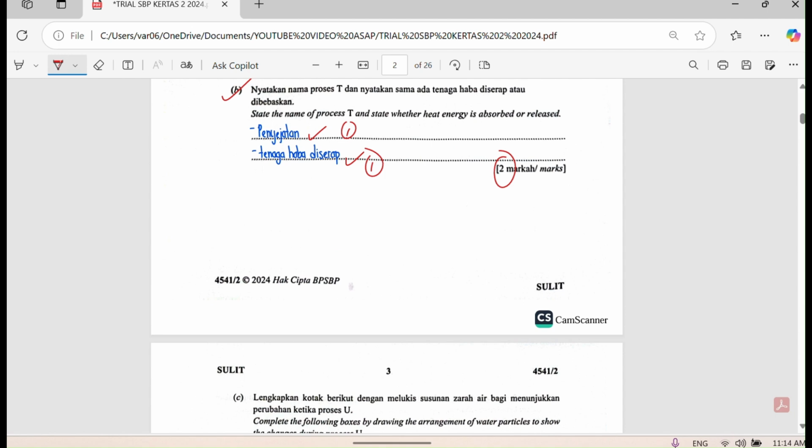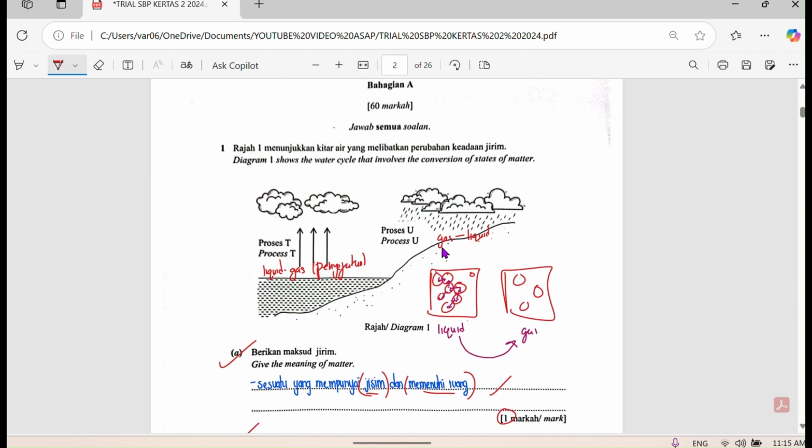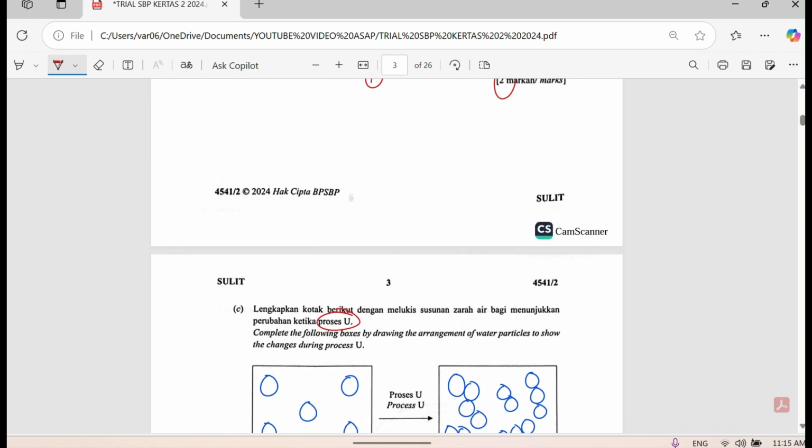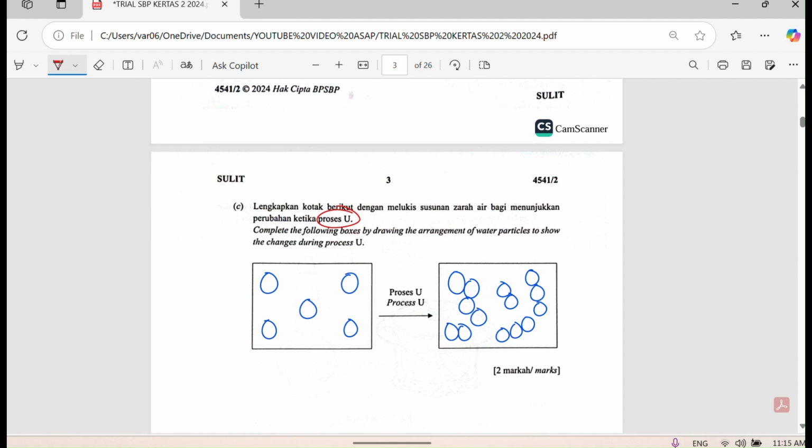Lengkapkan kotak berikut dengan melukiskan susunan zarah bagi menunjukkan perubahan ketika proses U. Proses U is gas to liquid. So gas, okay, to liquid. For this type of question, make sure the size of the particles are the same. Second, ensure that you fill in the whole box.